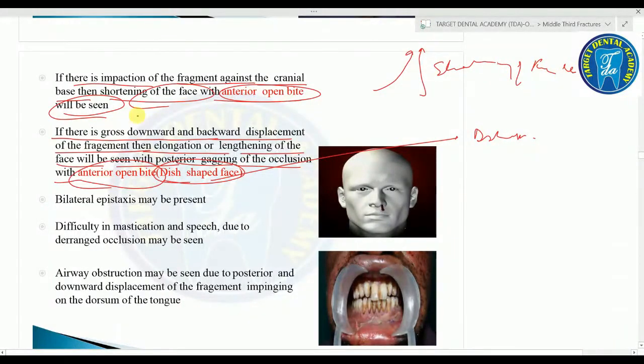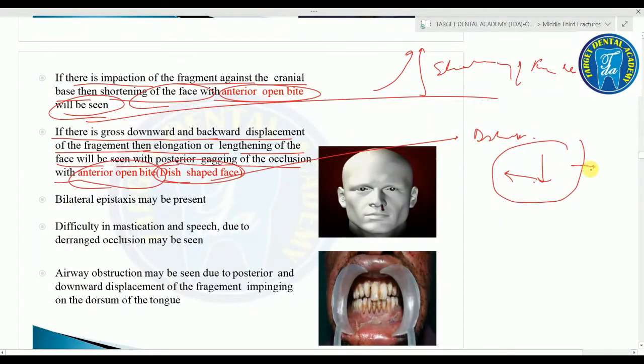Please note it down. And if there is a downward and backward displacement of the fragment, then there is an elongation or lengthening of the face, with an anterior open bite and a dish-shaped face. Right? So in this you can very well differentiate the bilateral epistaxis, the bleeding from the nose.